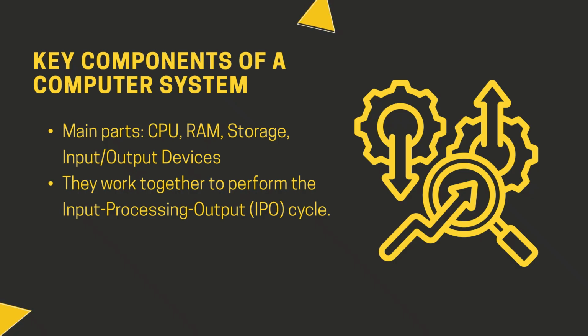It also includes input devices, like a mouse or a keyboard, and output devices like a monitor or a printer. These components work together to receive data, process it, and then deliver a result. Sound familiar? That's the IPO model that you're going to be practicing, I think, starting next week.